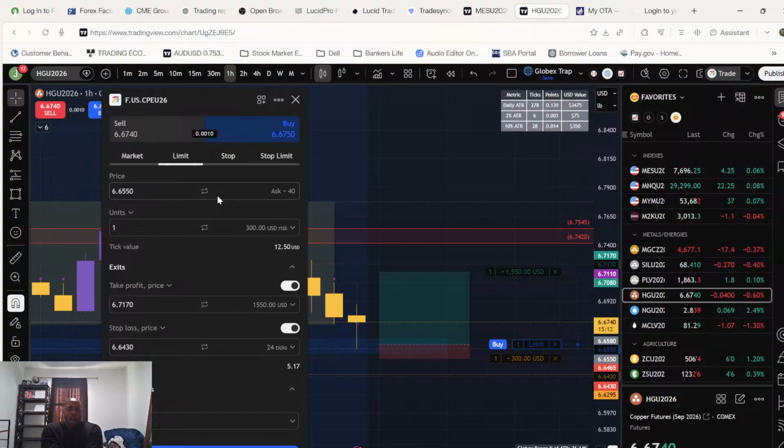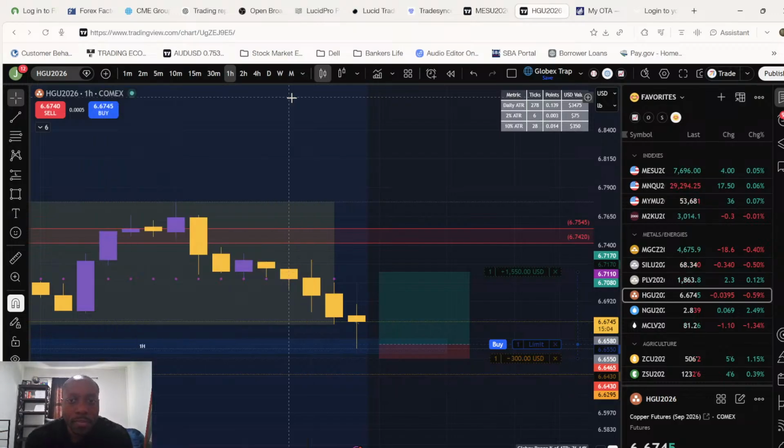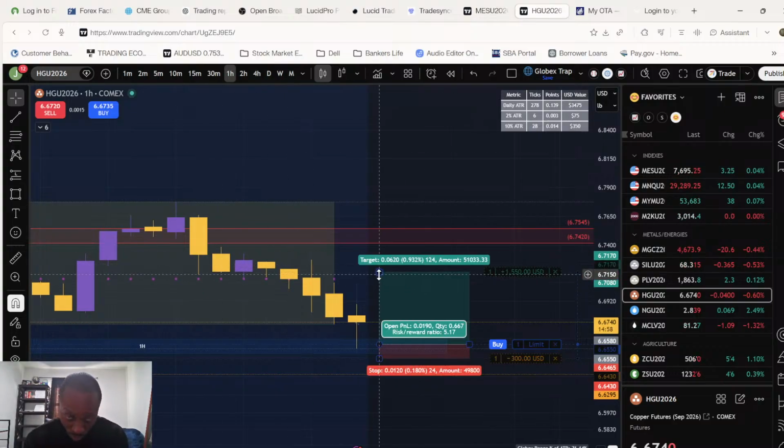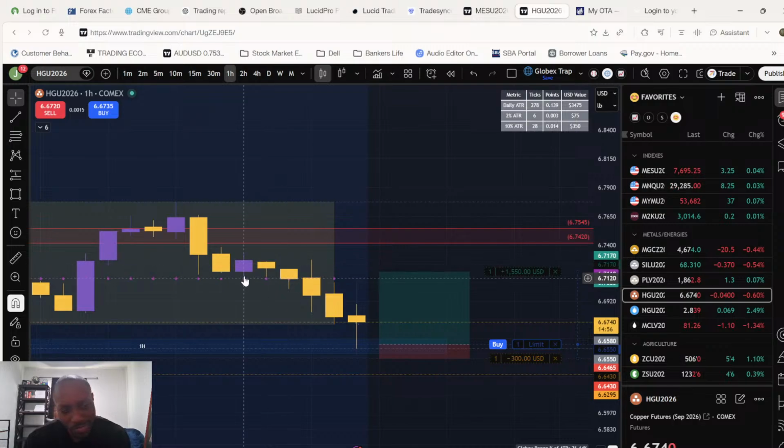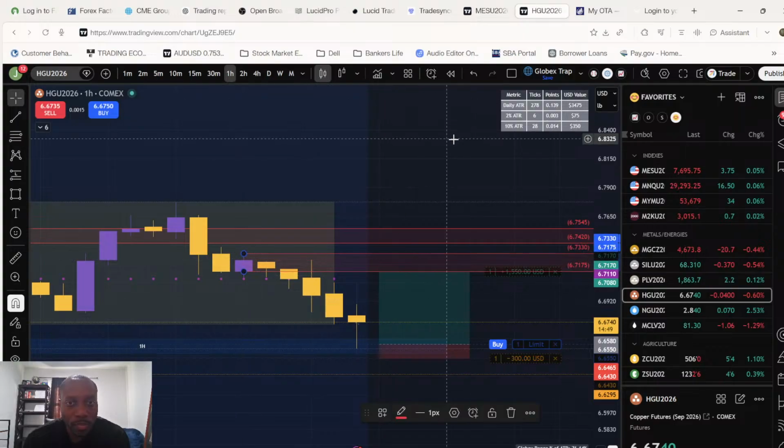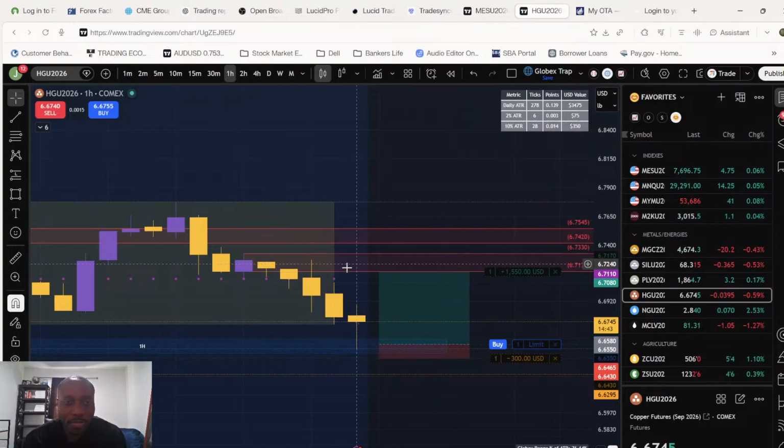Ooh. I'm just curious, see how far it could go. That would have been my target. The only reason that would have been my target is because I see the supply zone right there. So it's like beginning of that supply zone, we just go ahead and take profit there.